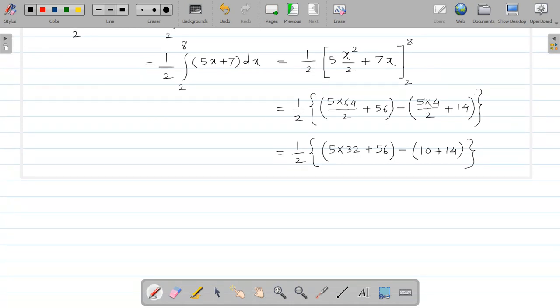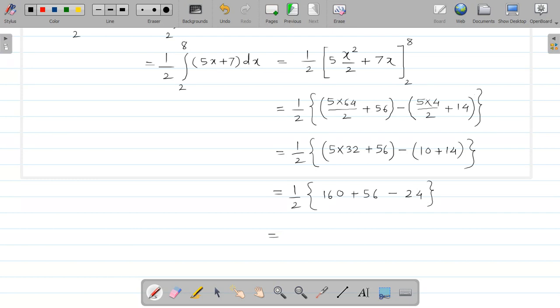Okay, next step. So this is 1 by 2 as it is. Now in curly bracket, 5 into 32, that is 160, plus this is 56, minus this is 24. 10 plus 14 is 24.